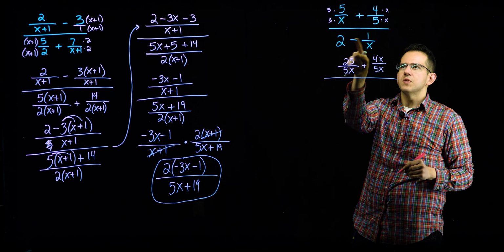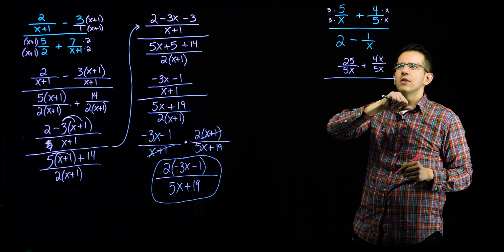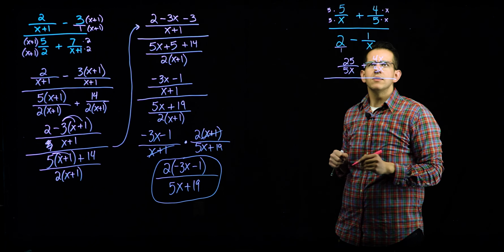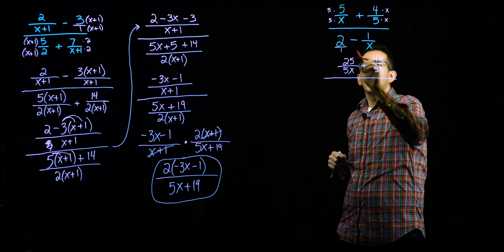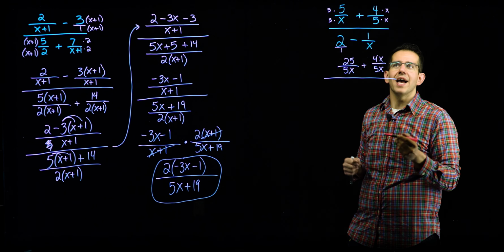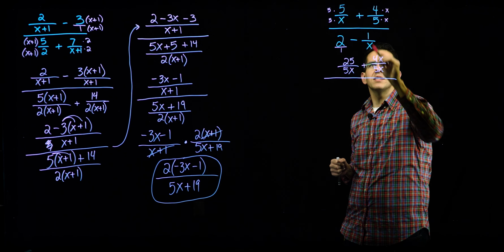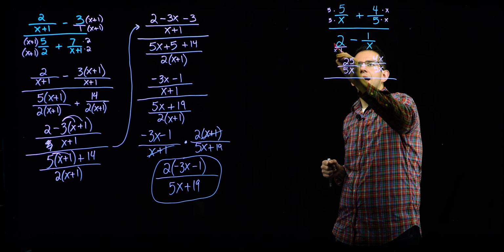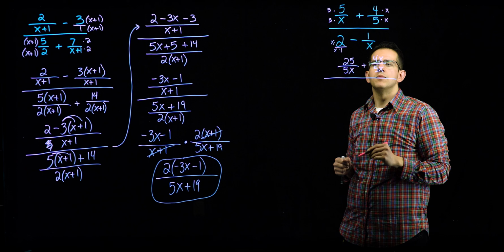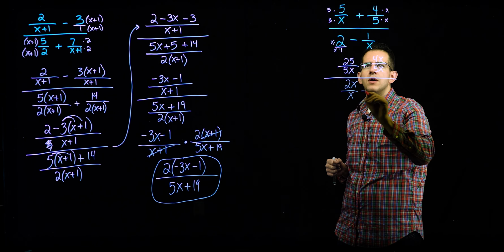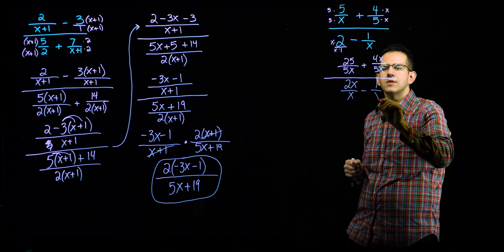And now we're going to do the same thing in the denominator of the larger fraction, but we're going to put this 2 over 1, and our least common denominator between 1 and x is just x. So we don't need to do anything to this fraction over here, but this one we need to multiply by x over x to give us 2x over x minus 1 over x.